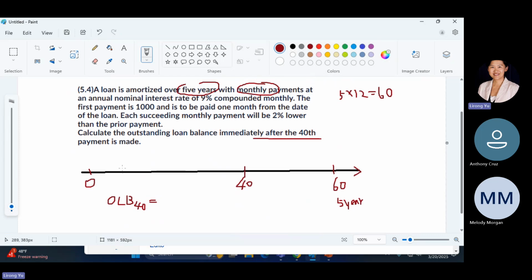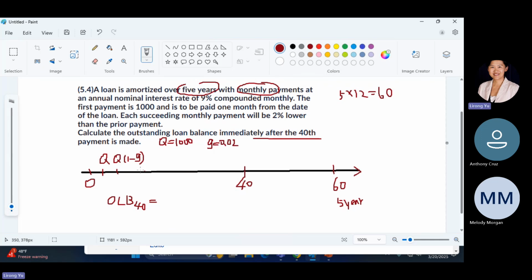Making payments monthly. The first payment is Q, and I'm writing Q because it's short. We're paying 1,000. And the second payment is 1 month later, and is going to be Q times 1 minus G, because we have a reduced payment of 2%, 0.02.